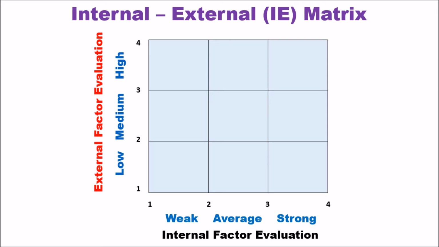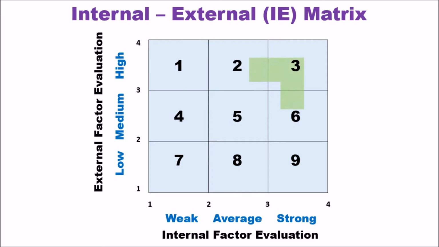All right, with that said, we'll number each box from 1, 2, 3, all the way up to 9. So we've got those boxes numbered, and now we'll look at what these boxes actually mean, and if we happen to be in a particular box, what that means for us from the strategic planning standpoint.